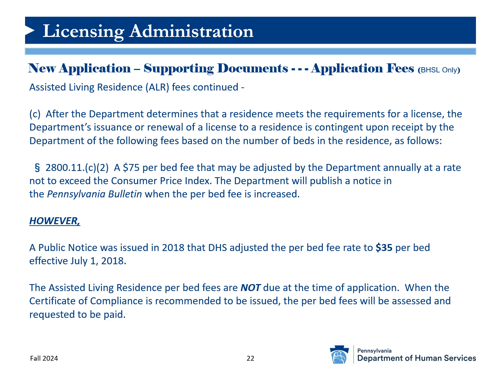The per bed fee is $35 per bed, and that will be assessed and requested at a later date, so not at the submission of the application. So do not pay that until you are requested to make that payment.